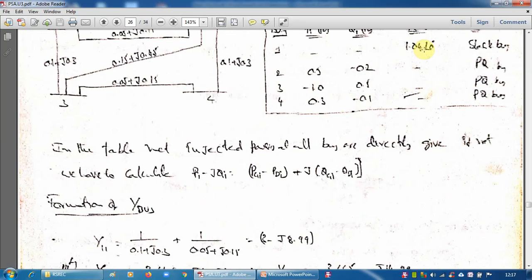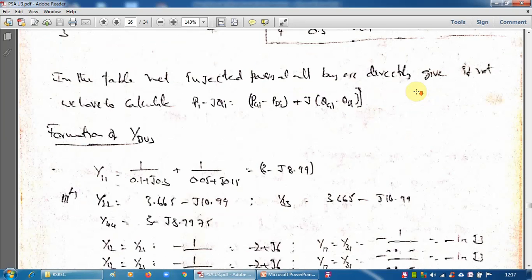That is, V1 equal to 1 plus j0, a constant value, which can be written as V1(0) or V1(1) or anything. And for these, before starting, we can write V2(0), V3(0), V4(0) equal to 1 plus j0, assumed values.